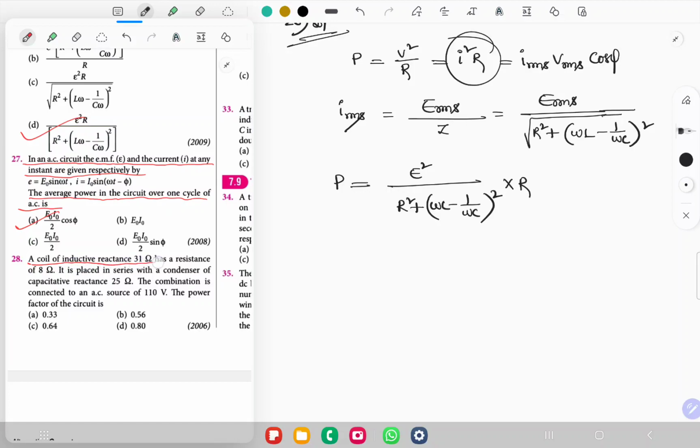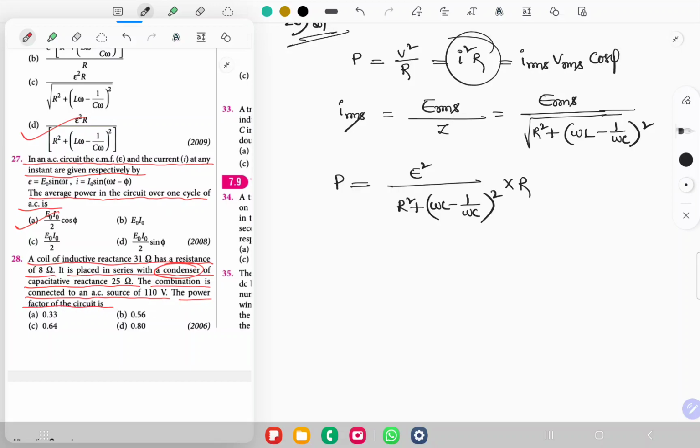A coil of inductive reactance 31 ohm has a resistance of 8 ohms. It is placed in series with a condenser, in the sense a capacitor, of reactance 25 ohms. The combination is connected to an AC source of 110 volts.